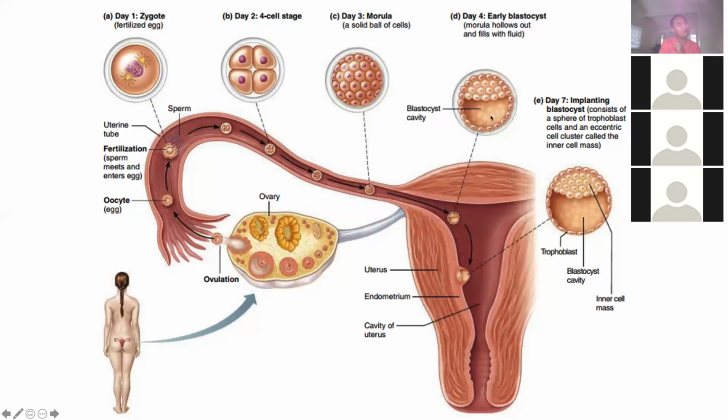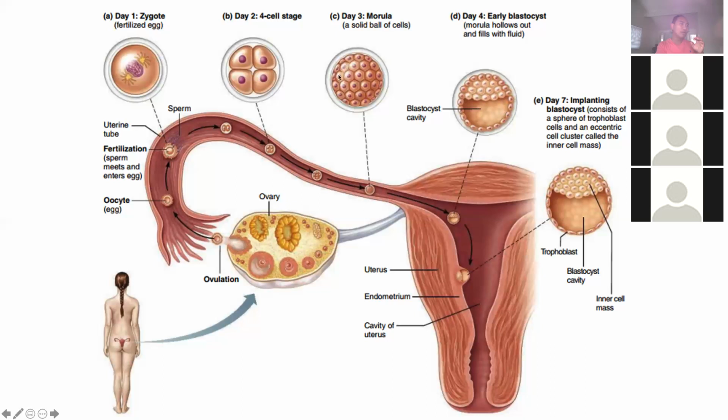And now, look at that. The little cell, which was filled with cells, has now absorbed fluid from the uterine cavity. So one portion is filled with fluid, and the rest of the cells will be pushed into one corner. I believe you got that.